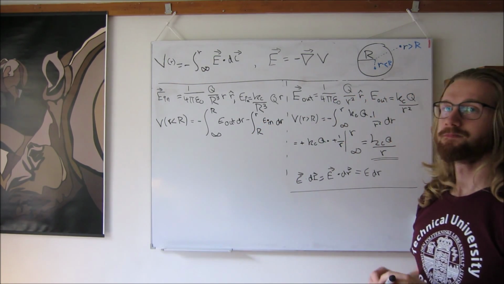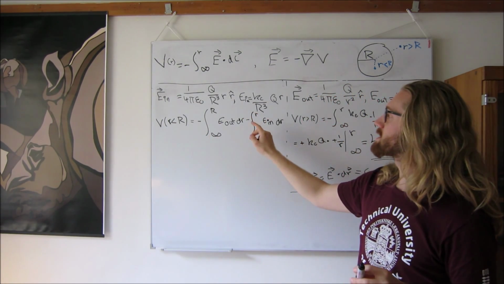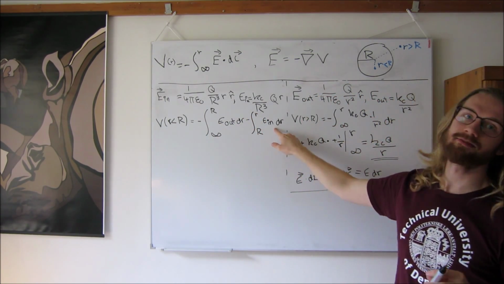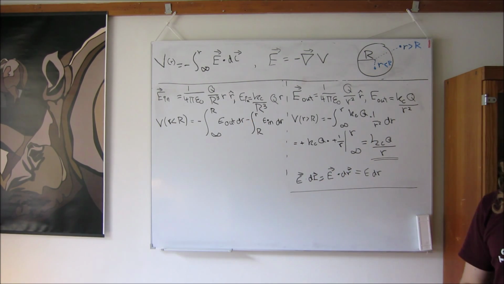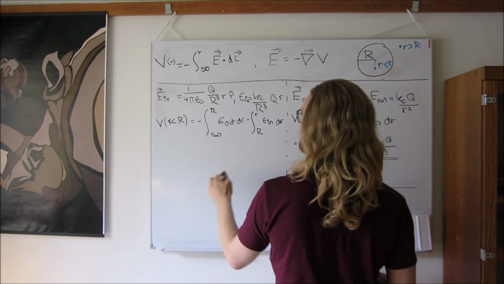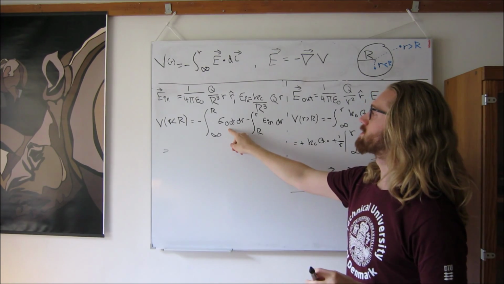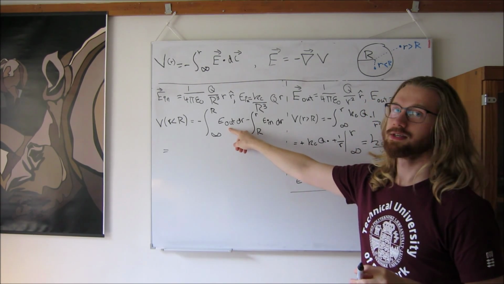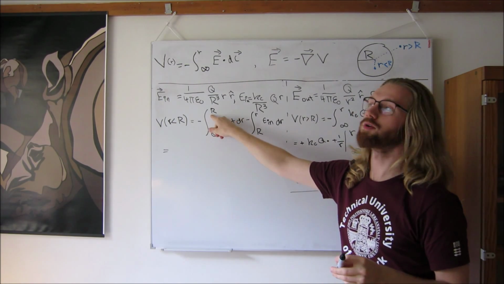So the potential inside depends on the electrical field outside and inside. The potential inside cares about what's going on outside. If we look at the first expression here, we need to take an integral of E outside from infinity to some other point.